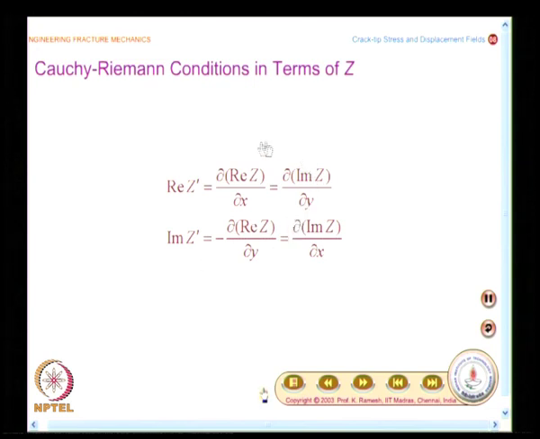This is nothing but the same Cauchy-Riemann conditions you have written in terms of u and v. This is written in terms of the capital Z, the function itself. So, the next equation gives minus of dou real part of Z divided by dou y equal to dou imaginary part of Z divided by dou x, and this is equal to imaginary part of Z prime.